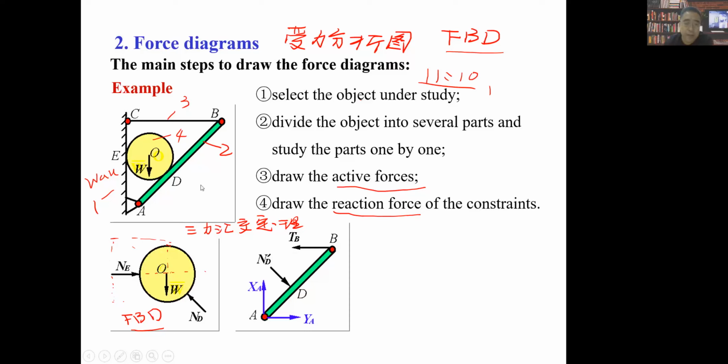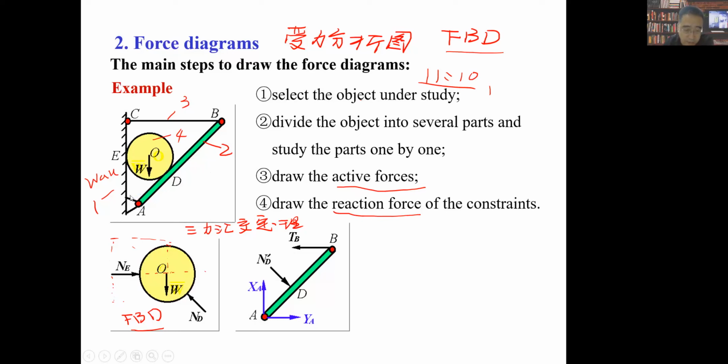So that means this time we select this object AB, this rod AB, as the object to be studied, right? So once again, we imaginarily pull this one out of this whole system. In other words, we remove all three constraints.